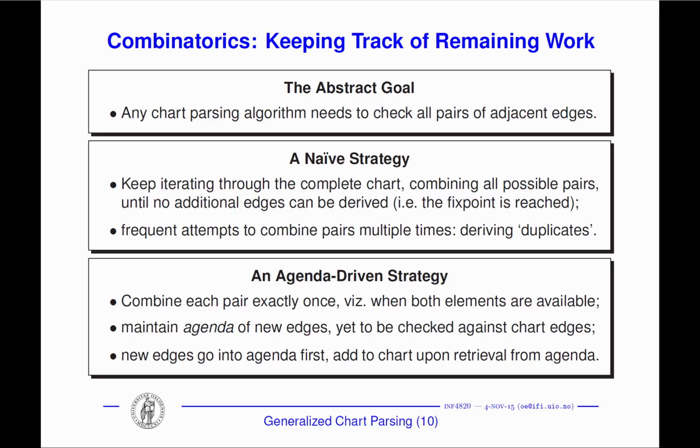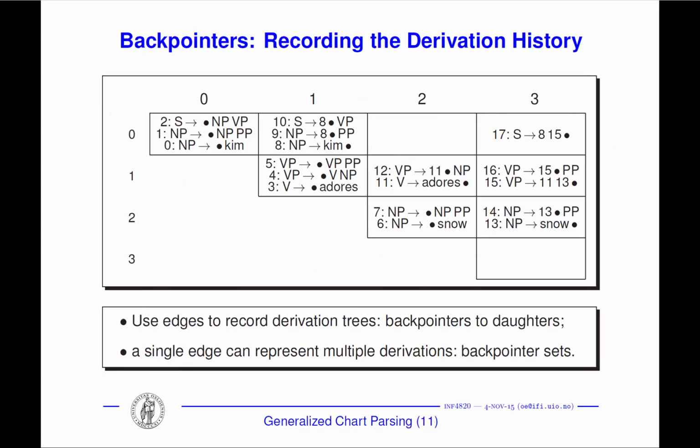We'll schedule all such attempts, new edge against everything that was available at the time, and then we'll make that new edge available for attempts to combine with future new edges. So we'll put it into the chart. And this strategy, I can prove formally, will see to it that all pairs are tested exactly once. We'll not apply that proof.